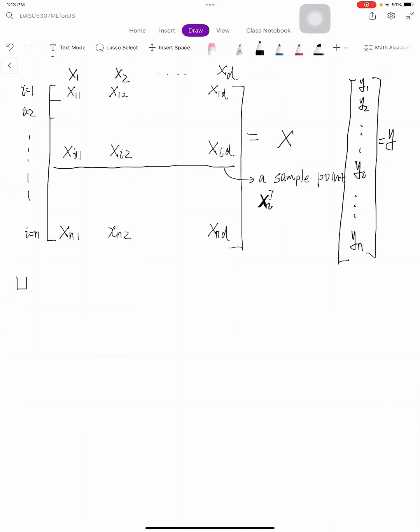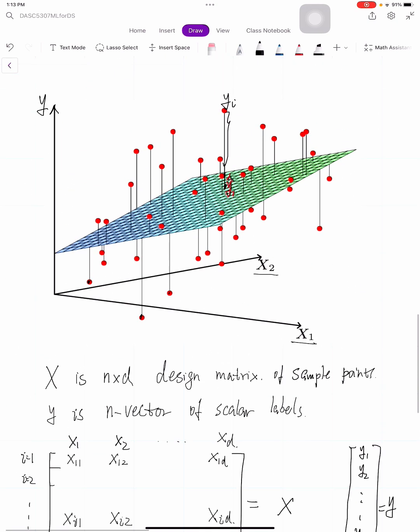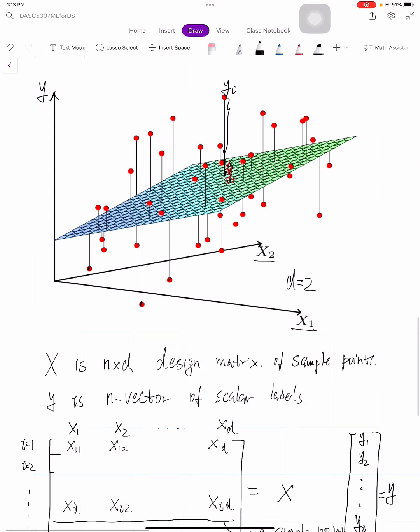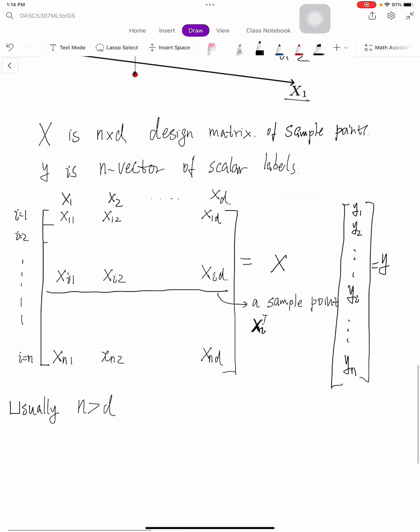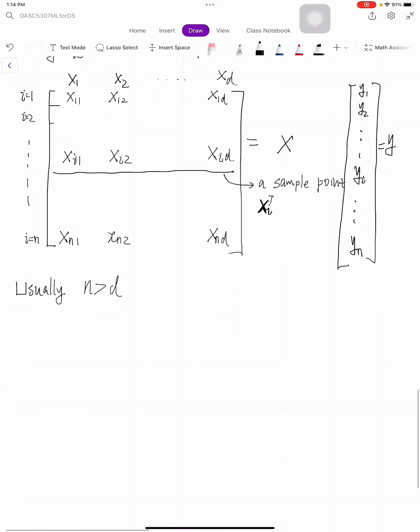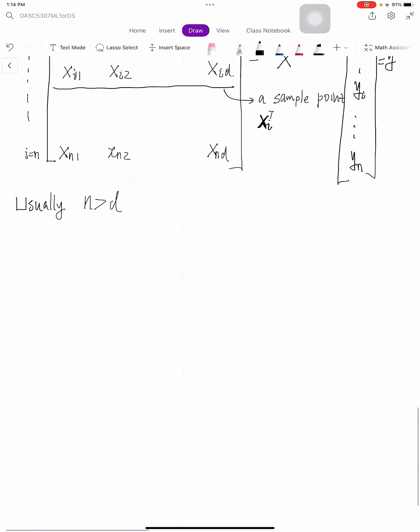Usually our sample size is greater than the number of features. For example, in this case, we have 2 features but more than 20 or 30 points. So the sample size n is greater than the dimension of the design matrix.